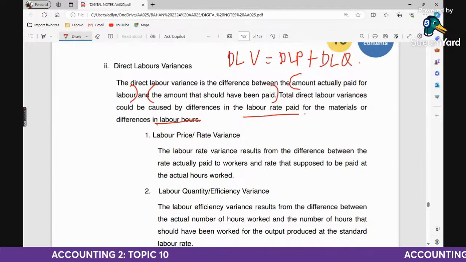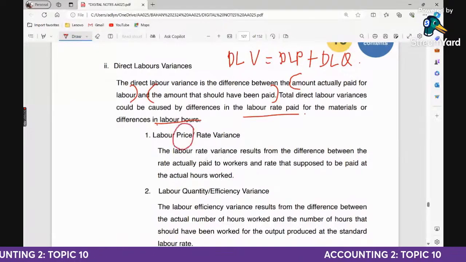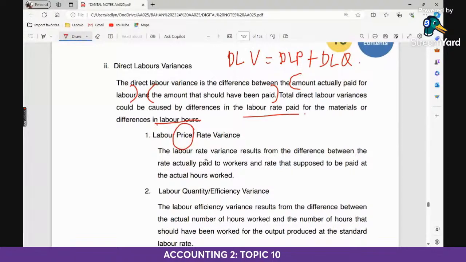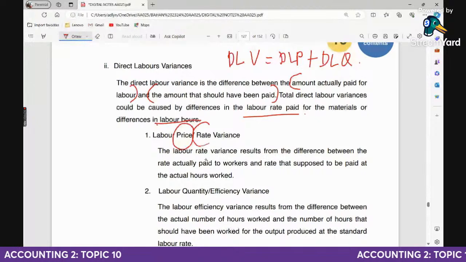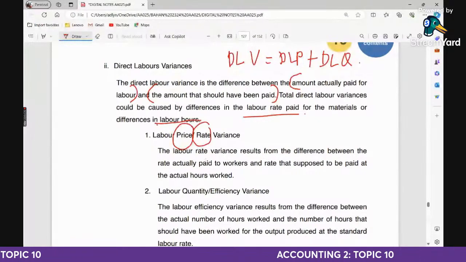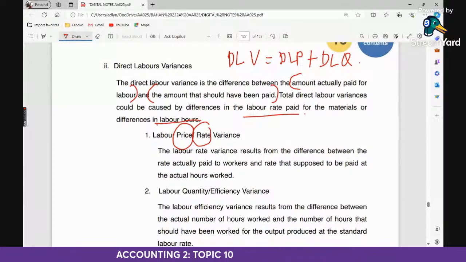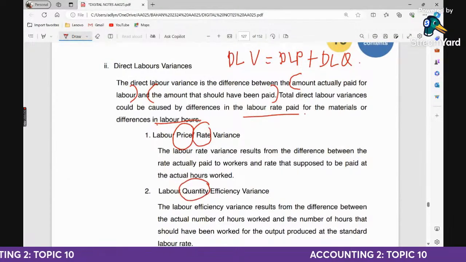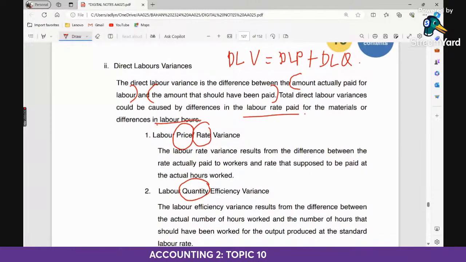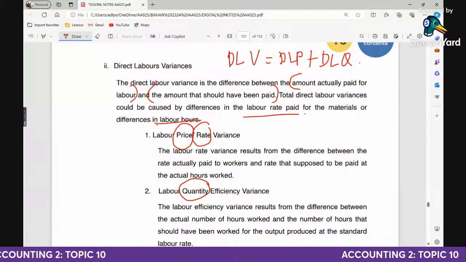Okay, so direct labor price ni boleh guna, kita juga boleh guna terms direct labor rate variance. It's either rate or price. Actually dia represent benda yang sama. Okay, quantity pun sama. Quantity ni merujuk kepada jam kerja. Okay, so kalau jam kerja kita faham bila dia boleh siapkan 10 barang dalam masa 2 minit berbanding dia siapkan 10 barang dalam masa 10 minit.